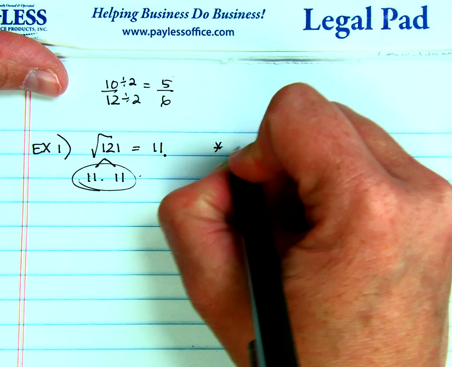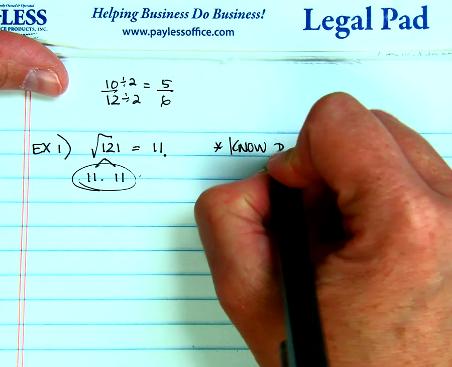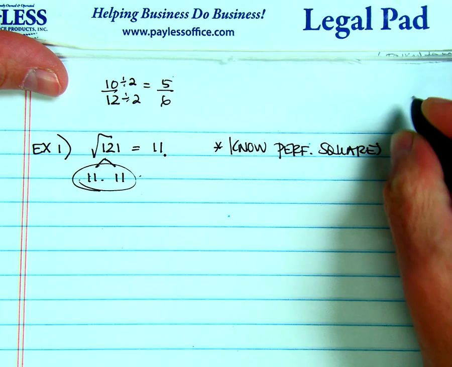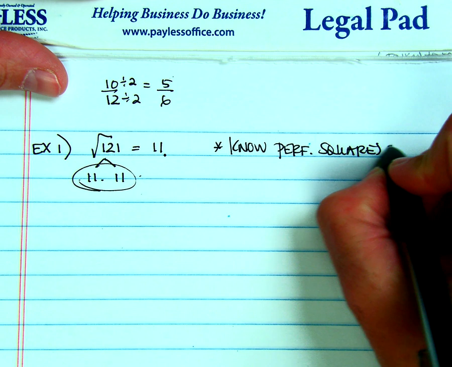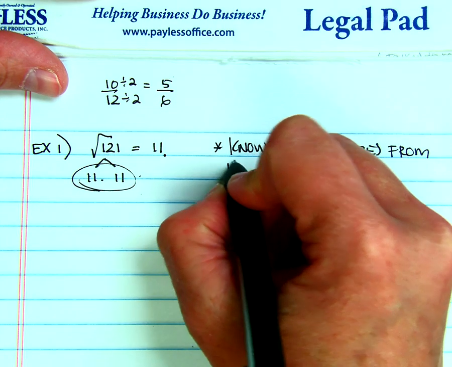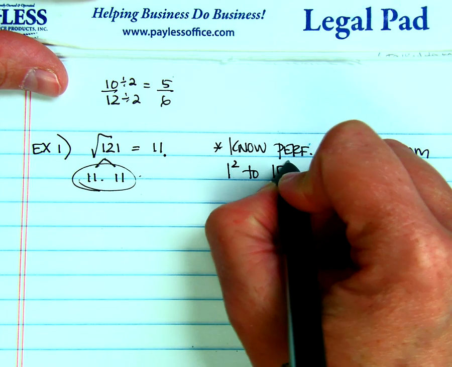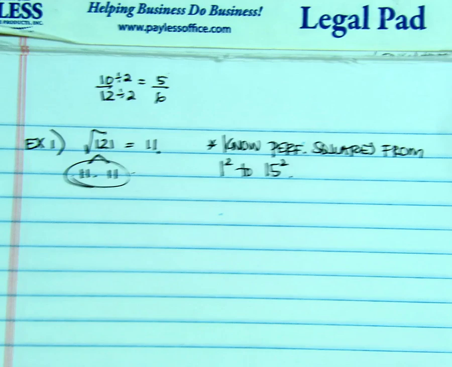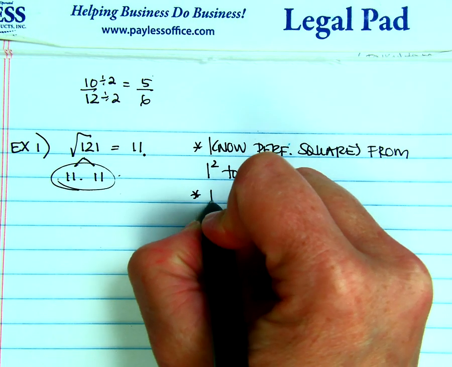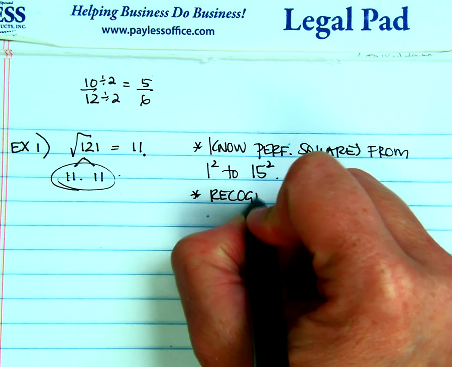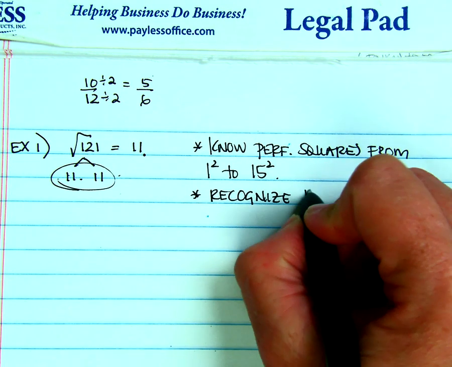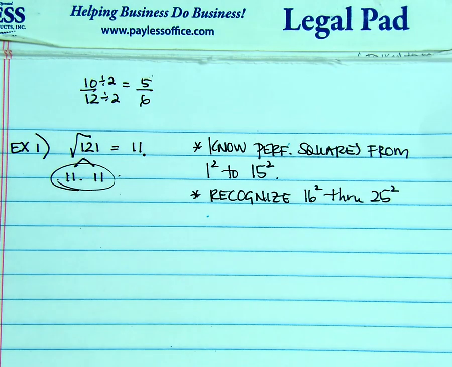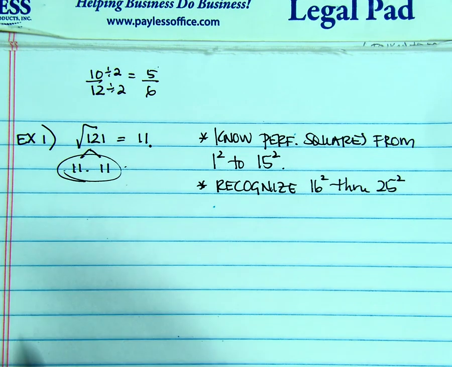You should know perfect squares from 1 squared to 15 squared. Look those up, write those down. And you should definitely be able to recognize, maybe not so much memorize, 16 squared through 25 squared.